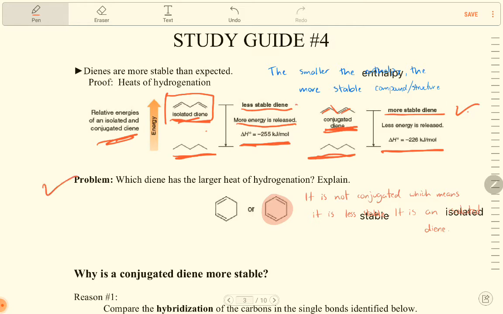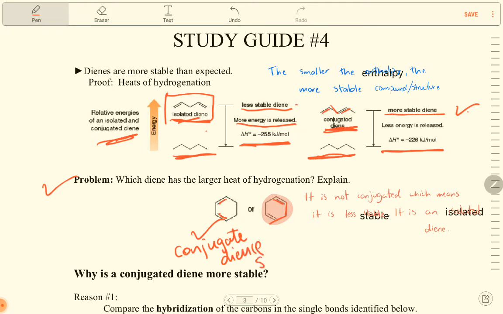Which diene has the larger heat of hydrogenation? Explain. This one or this one. Remember, we just talked about how the more stable one is the conjugated one. This is isolated. So this is the conjugated diene.